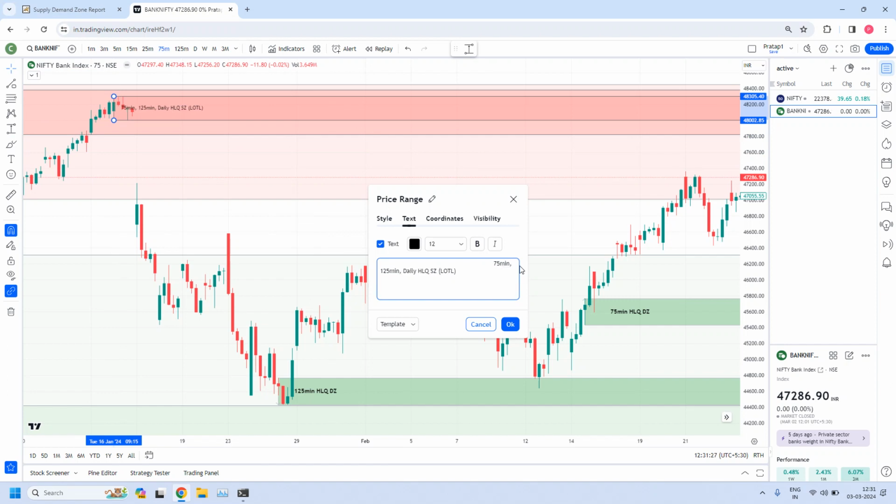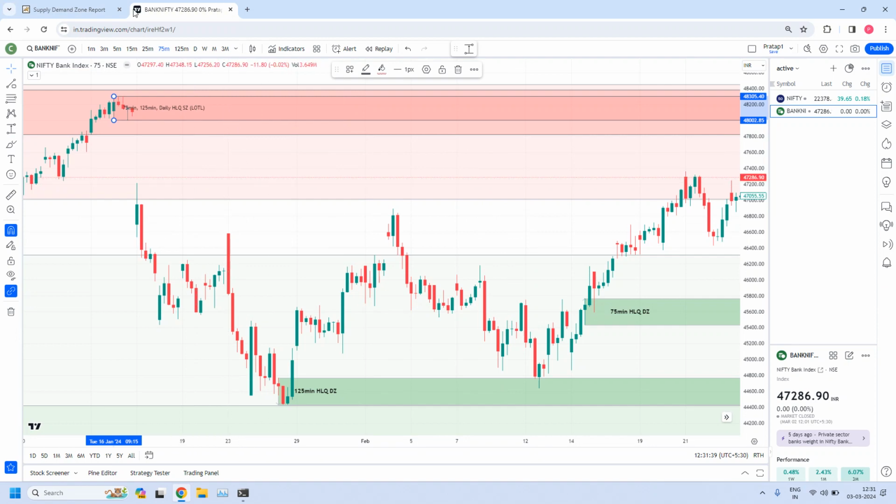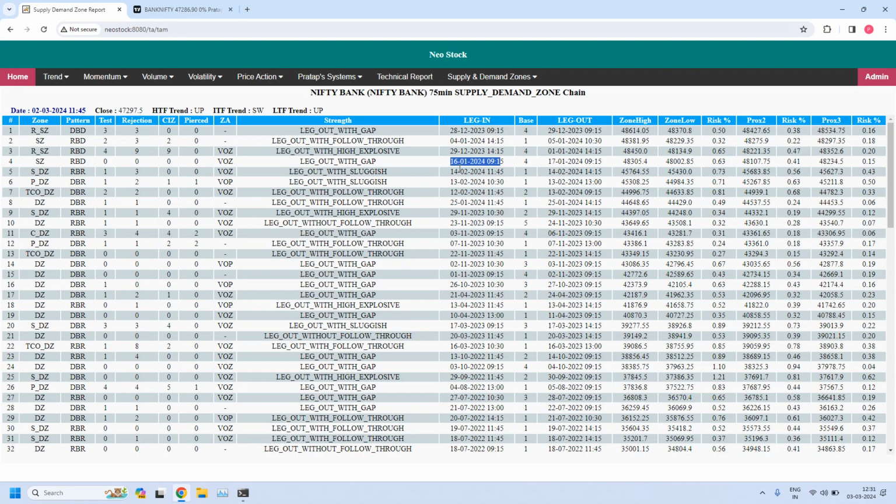The same zone is acting as a 75 minutes zone. But this one has 16,1, 4 base candles and 17,1. This is not a high liquidity zone. This is a normal supply zone.